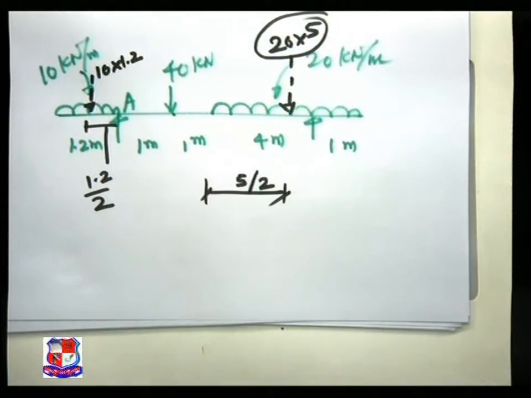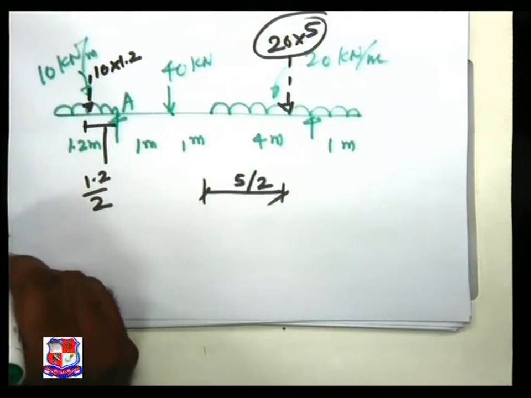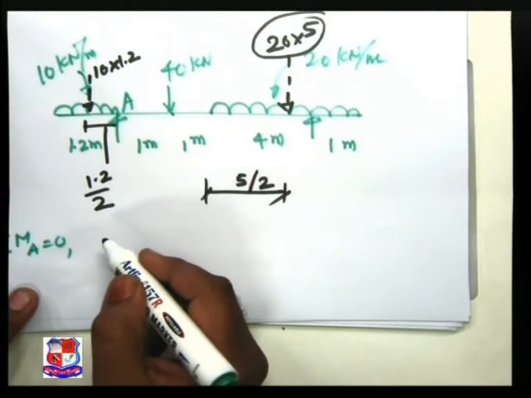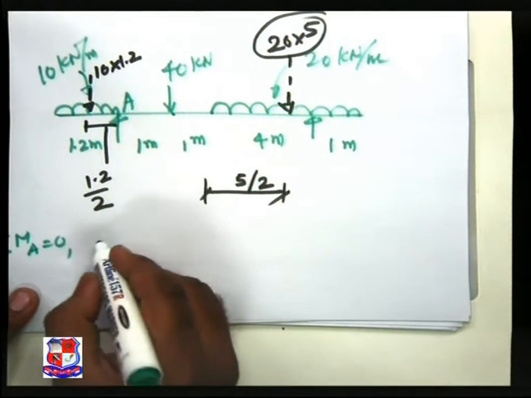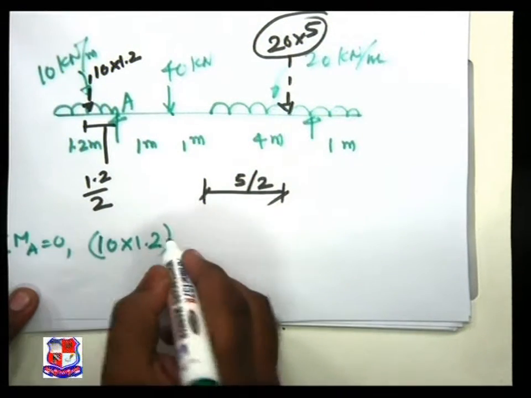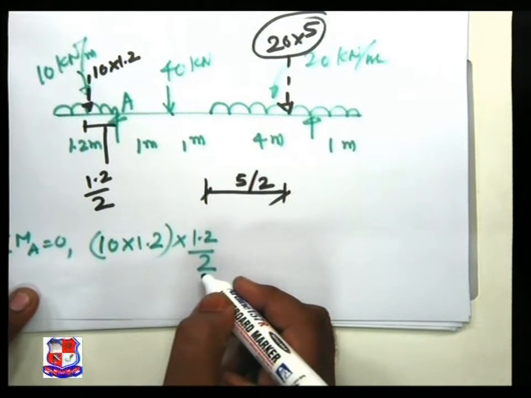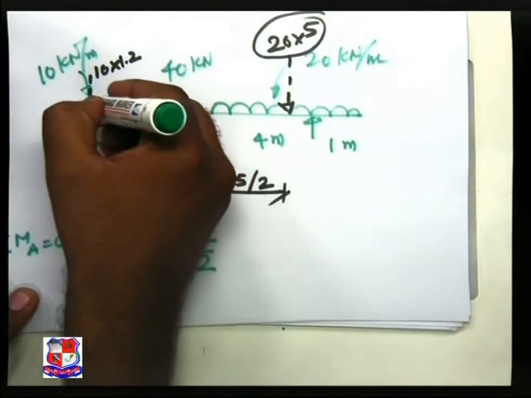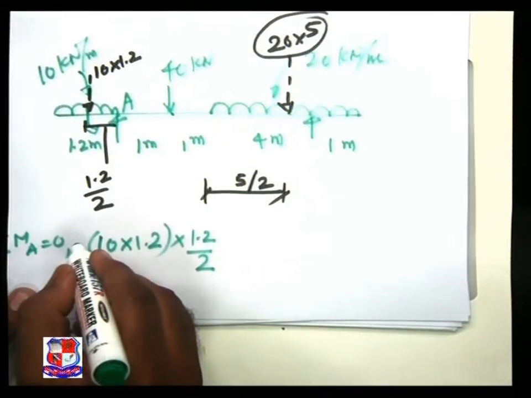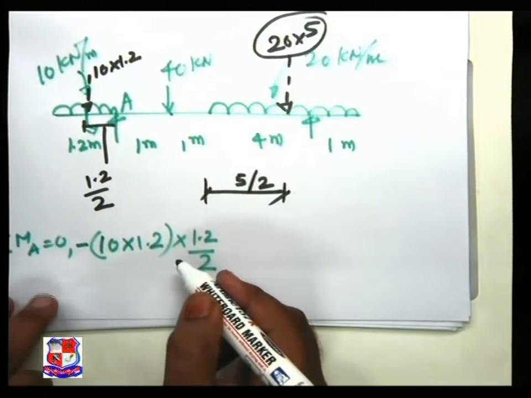Now let us take moment at A is equal to 0. The first load, 10 into 1.2, that is the load multiplied by 1.2 by 2, creates a moment at A of anticlockwise nature, and with our sign convention anticlockwise is treated as negative.